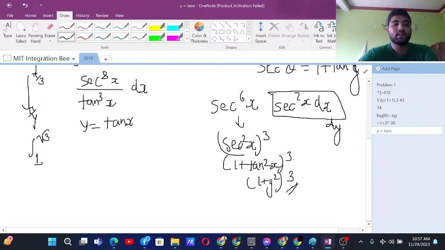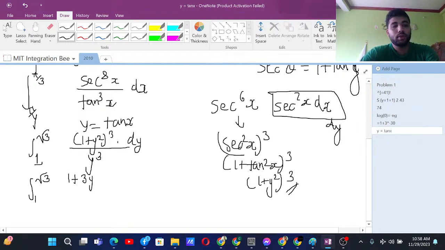So we can make that change over here. So we can have 1 plus y square cube times sec square x dx, which will be just dy, divided by y cube. Now you see, it's really easier. Now it will not be a lot tough to deal with this, since this is just a cube plus 3a square b plus 3ab square plus b cube by y cube dy.